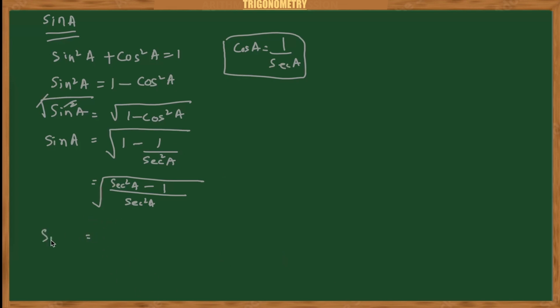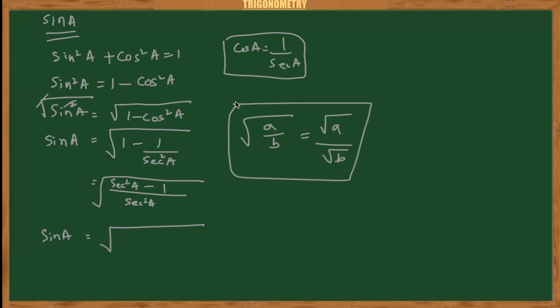So sin A. Let's further solve it. Root of A by B can be represented as root of A divided by root of B, which we will utilize here.